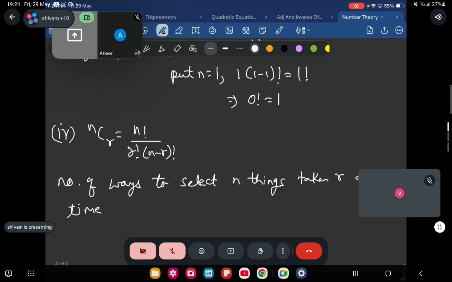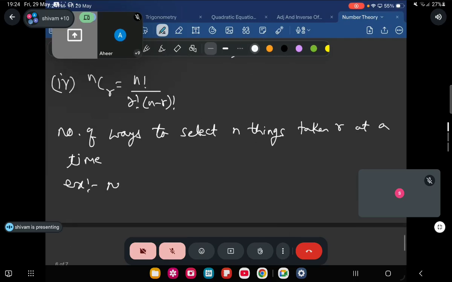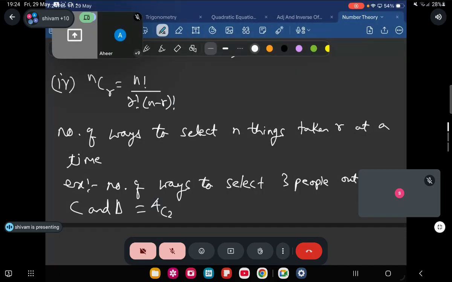For example, if I ask you the number of ways to select 3 people out of A, B, C and D, this can be done in 4C3 ways. 4C3 will be equal to 4 factorial divided by 3 factorial into 4 minus 3 whole factorial, which is equal to 4. Remember.